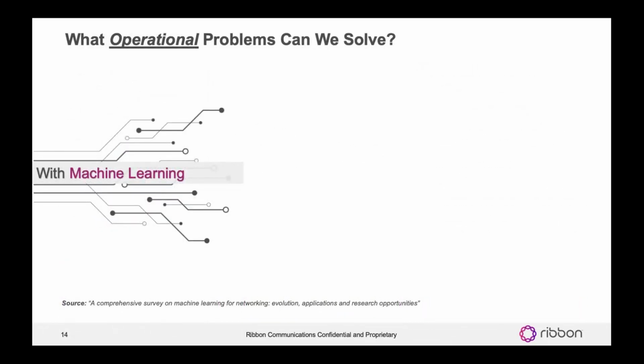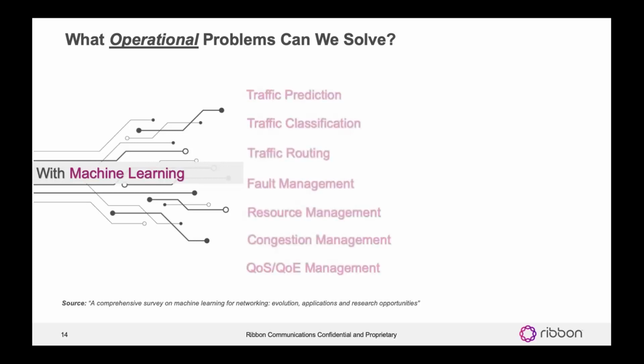So if we dig in here, obviously we're keying off of the title of this session. What are the operational problems that we can solve with machine learning? It really ends up being a lot of the things that we are doing today in network management, in element management, and so forth, as well as even building out network element infrastructure, right? We're looking at doing things like traffic management, traffic prediction, classification, and so forth.